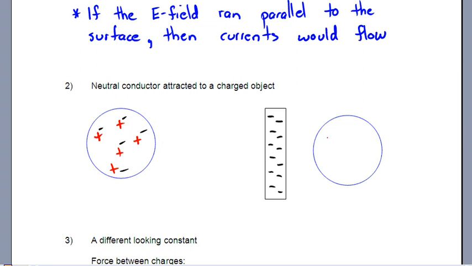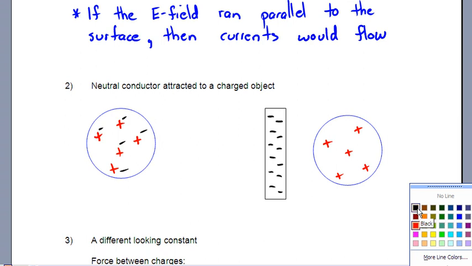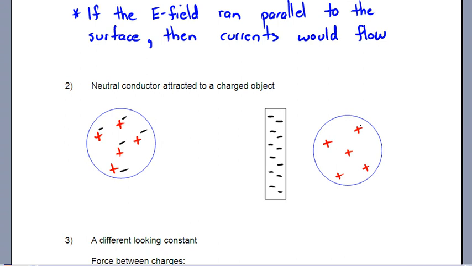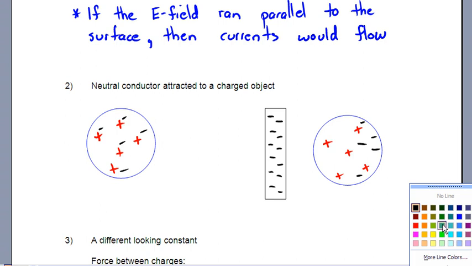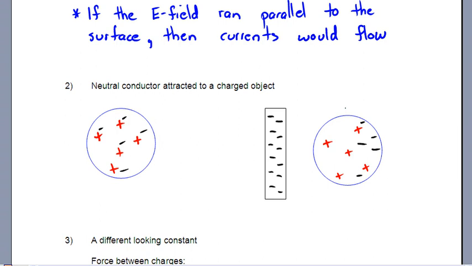So when I bring this ball of copper near this negatively charged object, some of the electrons on that ball of copper, which are able to move around in that conduction band, are going to move away. They're going to say, oh no, we don't really want to be close to that negative object. And so now if you look at it, we've separated the charge a little bit inside that copper ball.